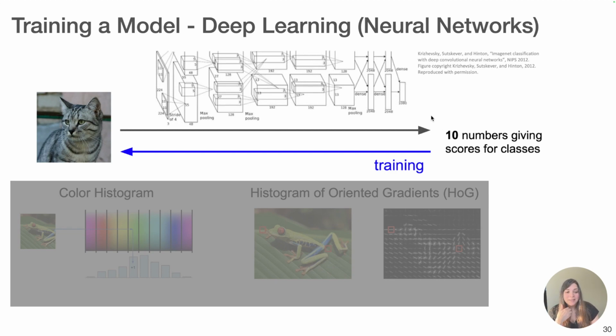But the whole point is that instead of trying to handcraft the features, coming up with color histograms or extracting shapes, or in the case of time series, trying to come up with variations in the signal, the standard deviation, and things like that, you just let the algorithm actually learn the features themselves.